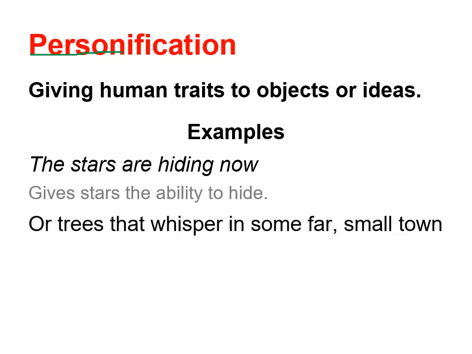Here's another example. Or trees that whisper in some far small town. Which object is being personified? That means being given person-like qualities. Is it the town? No. If you said trees, you're correct. The trees are given the ability to whisper.